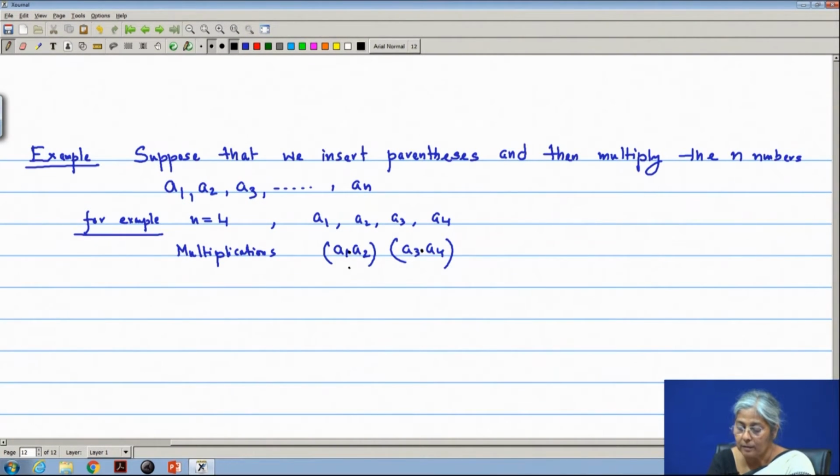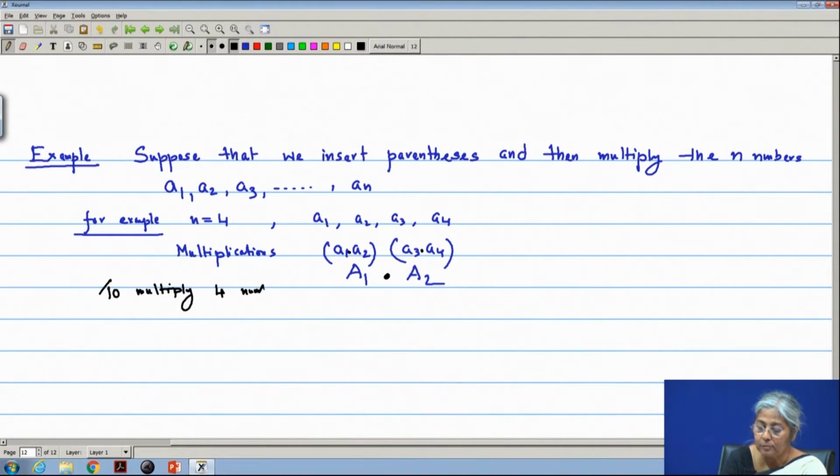Then I need another multiplication to multiply these two products. So, to multiply four numbers, we need 1, 2, 3 multiplications.